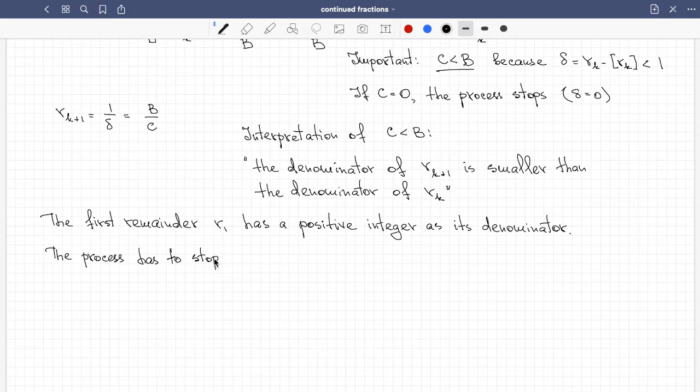That happens when the denominator of a remainder Rn becomes 1.